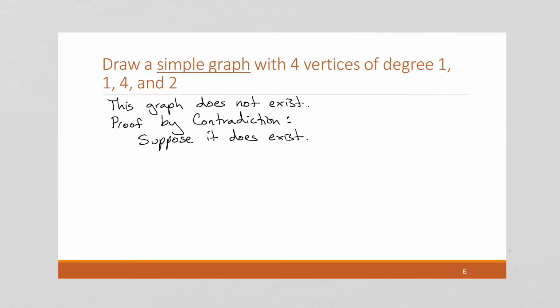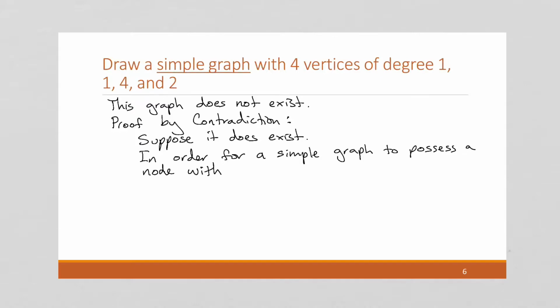Well, in order for a simple graph to possess a node, or vertex, with degree 4, what does that mean?